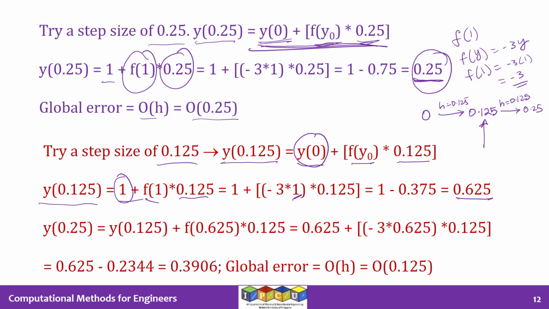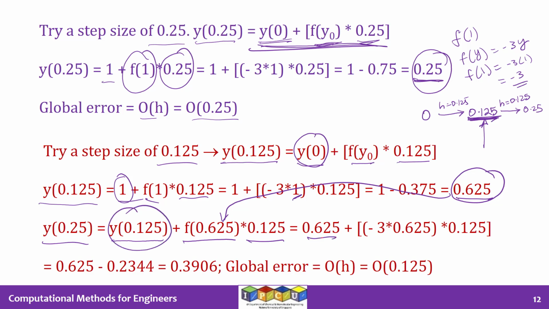Now, the value of y at 0.25 is going to be y calculated at 0.125 plus the function value at y1. So y1 is 0.625. So that goes here. Because now this becomes like the initial value to calculate the next step. So f at 0.625 times h, and y at 0.125 we just computed it to be 0.625.